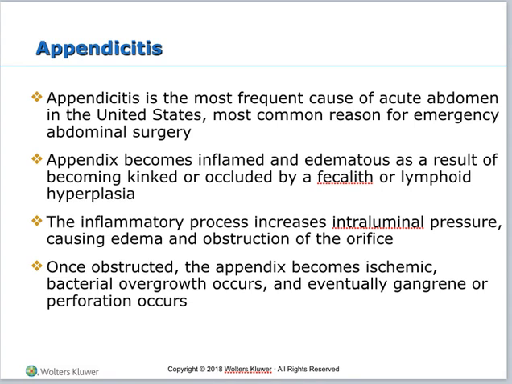Initial reports of like a crampy pain in the epigastric or periumbilical areas. Then it progresses to the classic right lower quadrant pain. This is the most common cause of right lower quadrant pain. Then following that they become nauseated and vomiting.